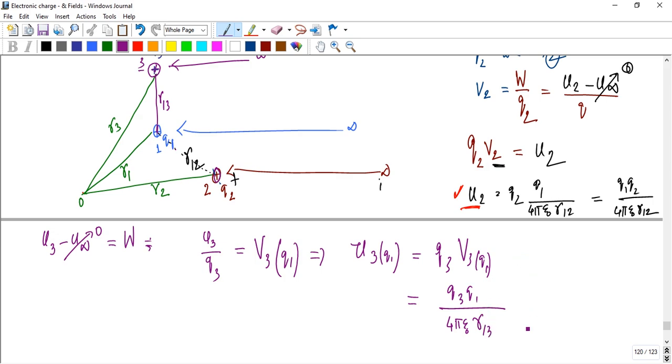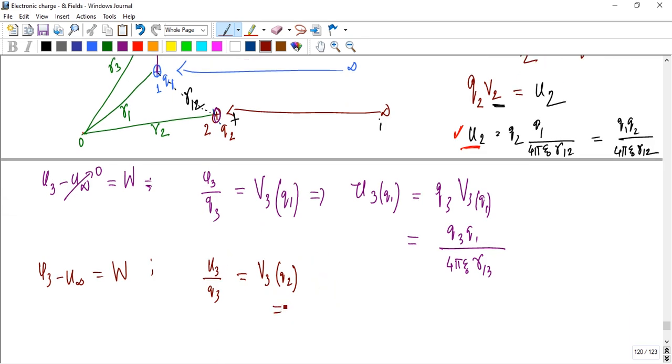That's due to Q1, and another, which is important, is due to Q2 obviously. Same case, same condition: U3 from infinity to point 3, the work done for Q2. So here U3 similarly is obviously Q3, the charge, times the potential at 3 due to Q2. Q2 behaves as a source charge.